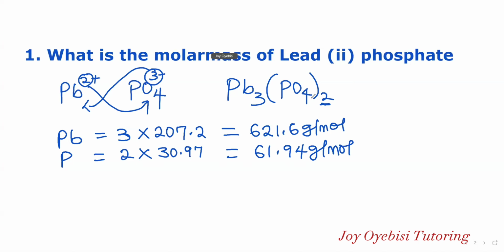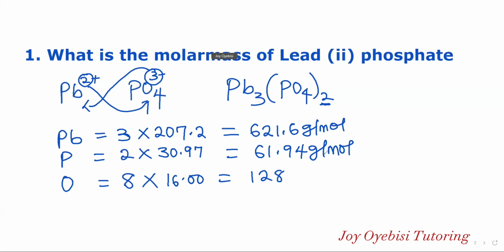Now oxygen, originally we had 4 and then we had this 2. So what we're going to do is multiply the 4 by 2 and that will give us 8 oxygen. Okay, so we have 8 oxygen in that compound and then multiply that by the mass of oxygen, which is 16.00, and that's going to give us 128.